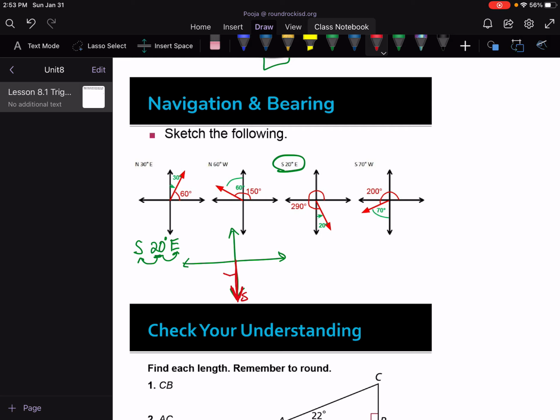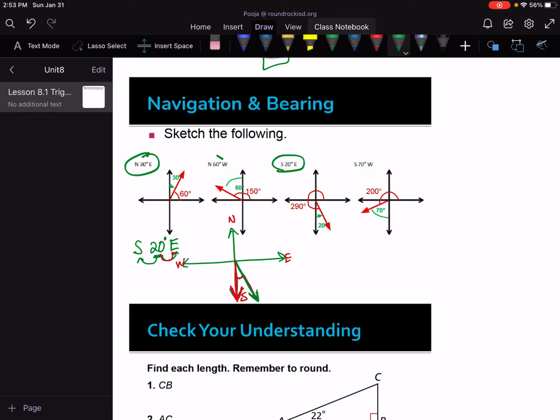With this arm, I have to make an angle of 20 degrees going east. But did I go east? I actually went west, I think, right? North, south, west, east. So I did it wrong. So delete this line, delete this line. I need to go east. So east 20 degrees would be this angle. Hence the direction they're referring to is this. This direction is south 20 degrees east.